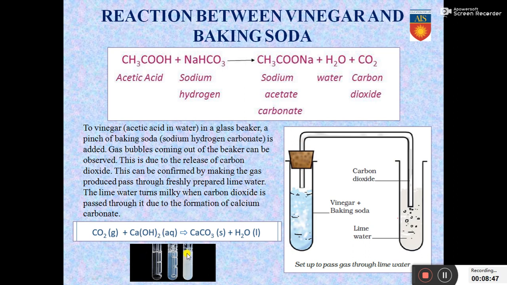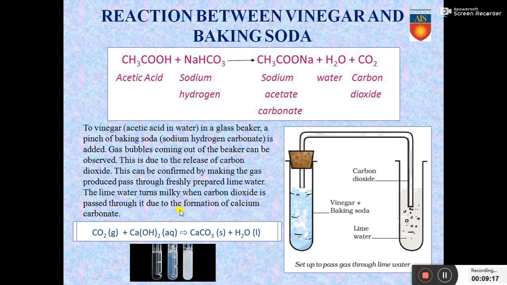See, I have provided the equation here. These equations are very important to remember. So this calcium hydroxide upon reacting with carbon dioxide turns milky. Look into this picture that I have given. When you blow carbon dioxide or when you put this gas which is being produced by reacting vinegar and baking soda in this test tube containing lime water, it is seen that the lime water turns milky.